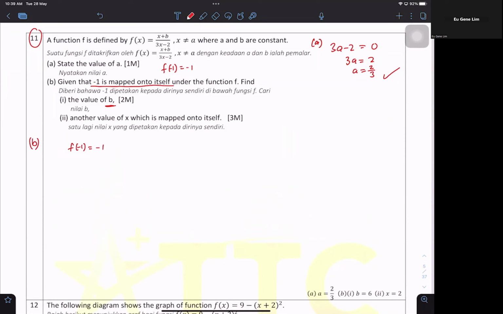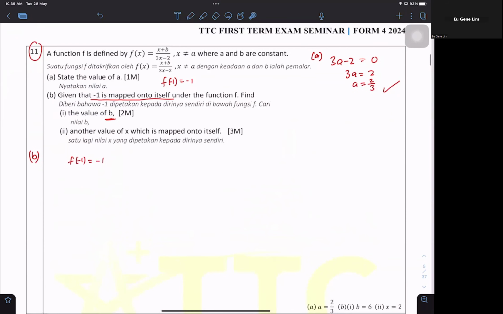Okay, you try to do. Wait, got question? You think like this. X cannot be a, right? Why can't x be a? Because if the x is a, the denominator will be 0, right? Understand this?